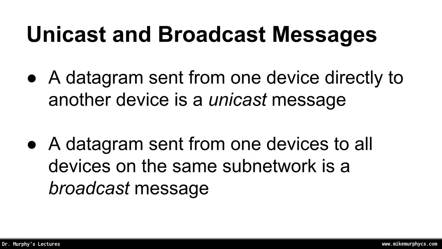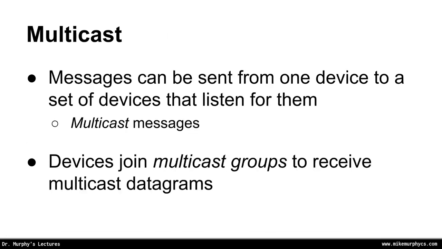Messages can come in several forms. Unicast messages are messages or datagrams that are sent from one device directly to another device. A datagram can also be sent from one device to all devices on the same subnetwork, and that's what we call a broadcast message.